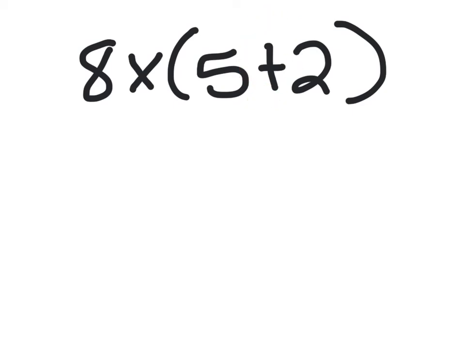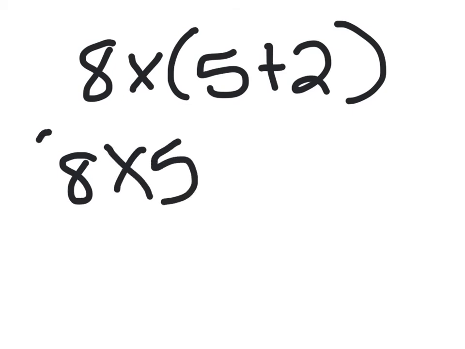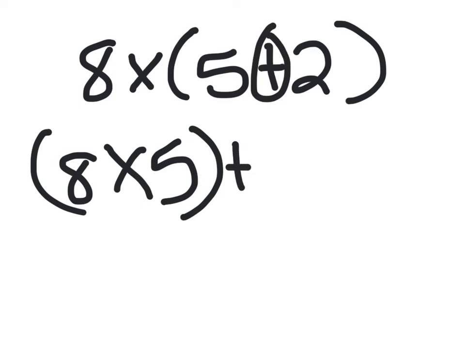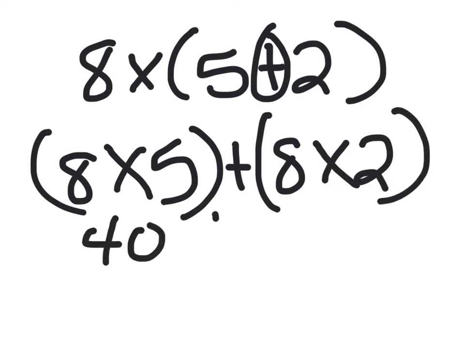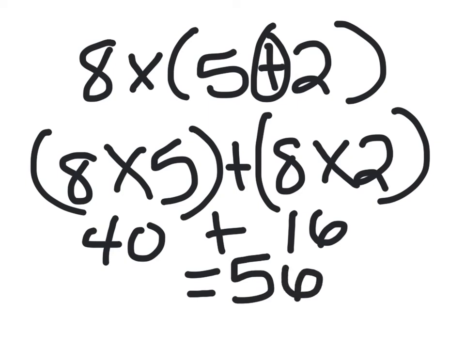So here we have 8 multiplied by 5 first, times 5, and then I have to add it, plus 8 times 2. 8 times 5 is 40, plus 8 times 2 is 16, so my product is equal to 56.